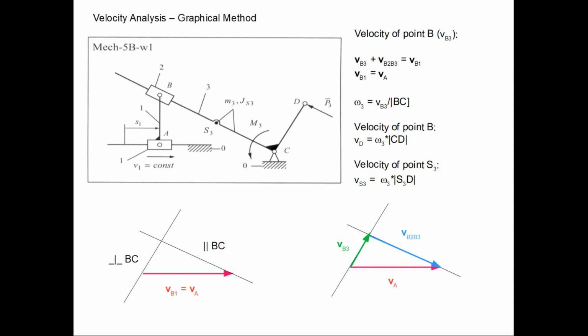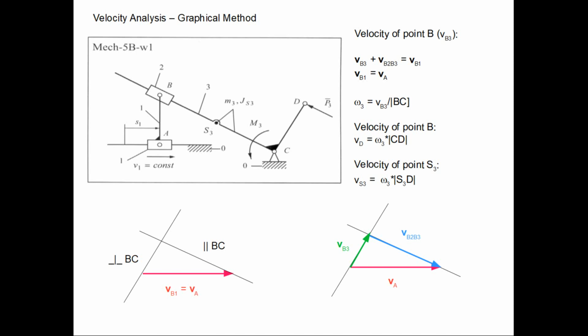So we can draw this, and this is done in the slide. So we see that VB3 plus VB2B3 must give VA. And of course, having drawn these vectors, we know the unknown velocities.